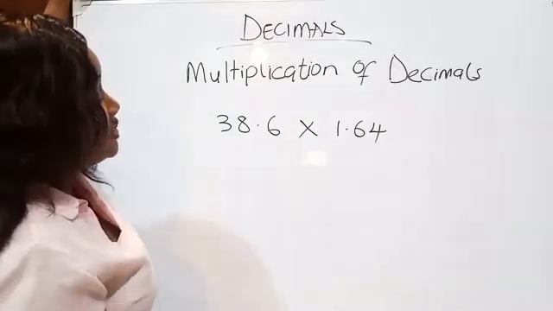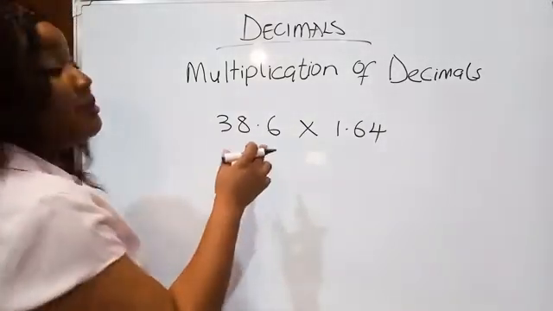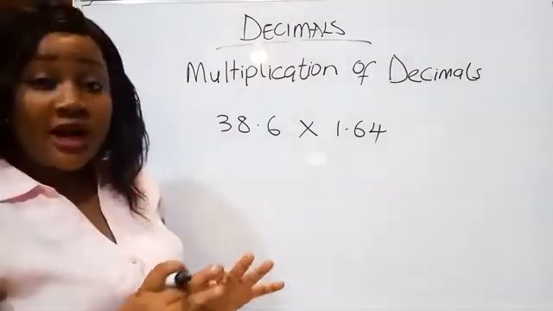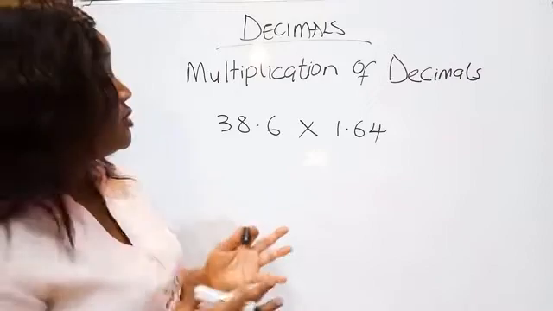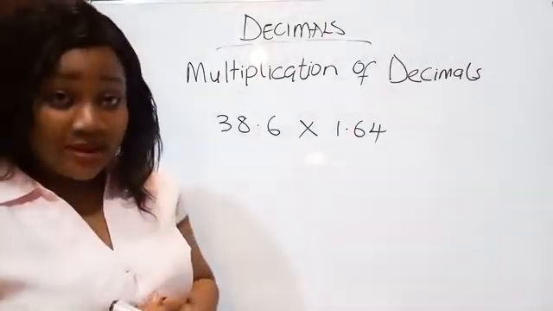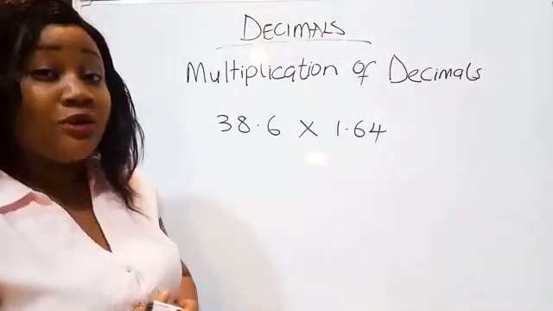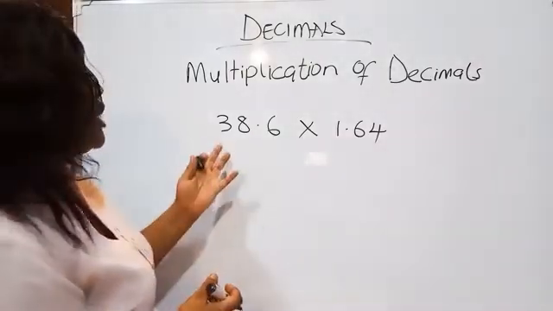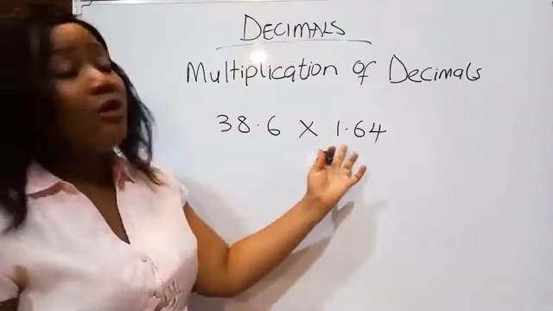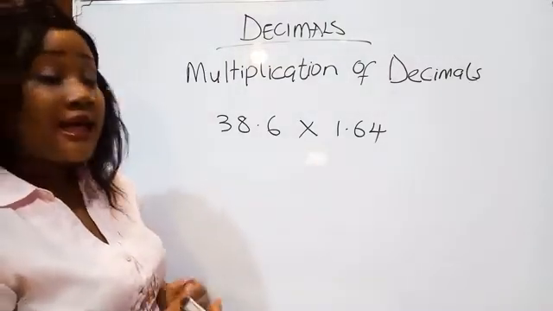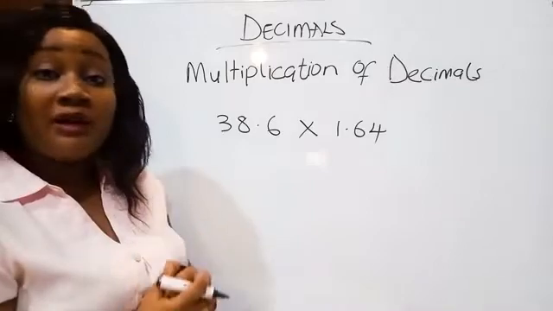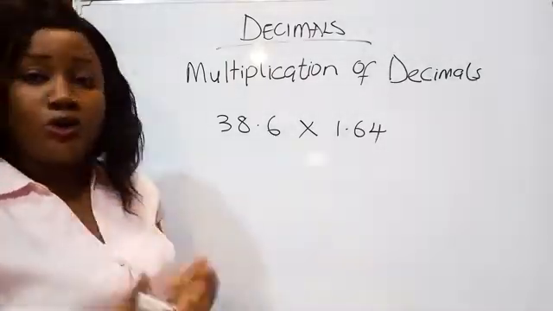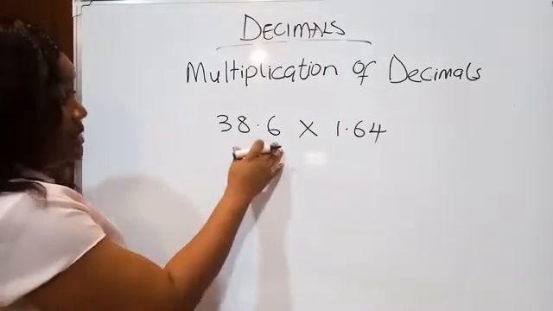So let's look at multiplication of decimals. So you have 38.6 times 1.64. So let's try to understand how to solve multiplication of decimals before I show you the easier way of doing it. Now, first of all, what you do is that you try to get whole numbers of these numbers by multiplying them by their equivalents, or trying to get an equivalent fraction where they become whole numbers. Let's take, for example, 38.6.